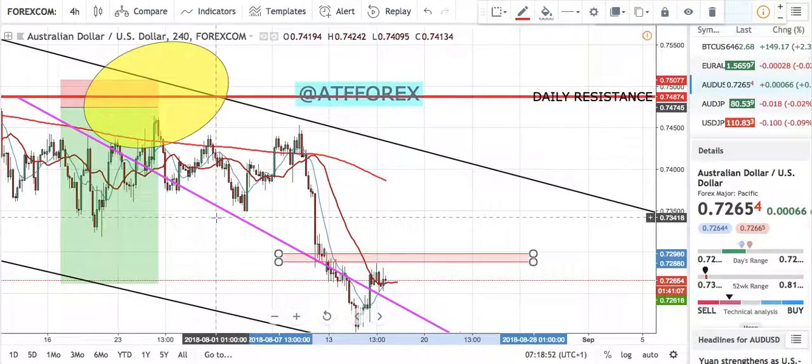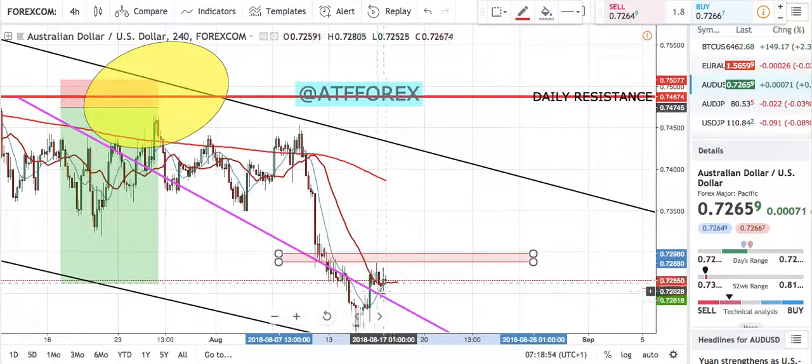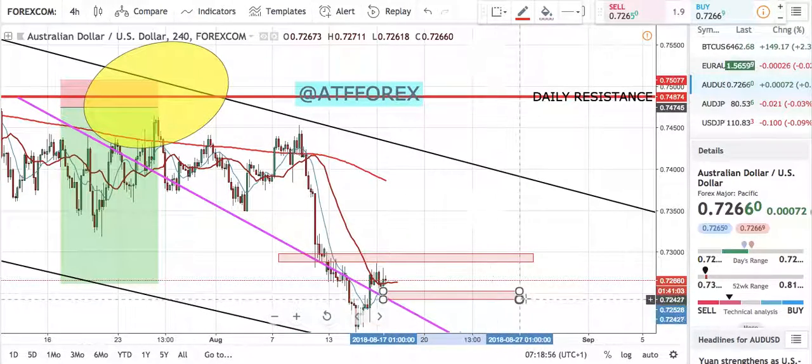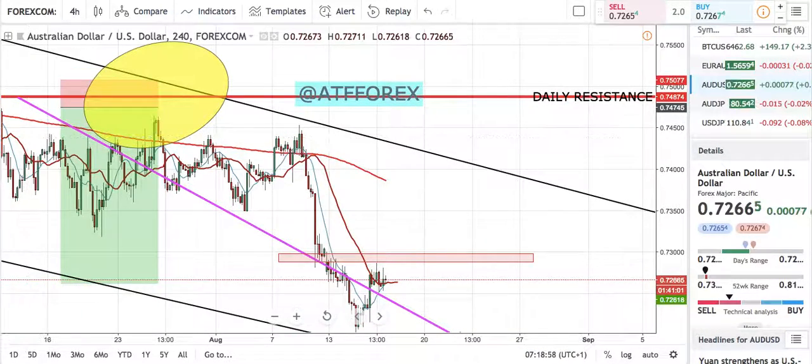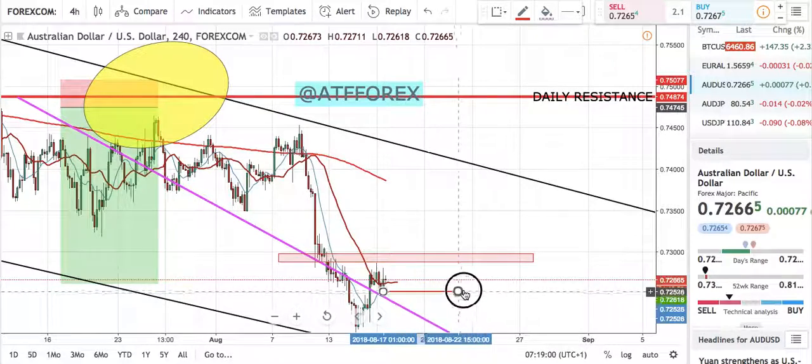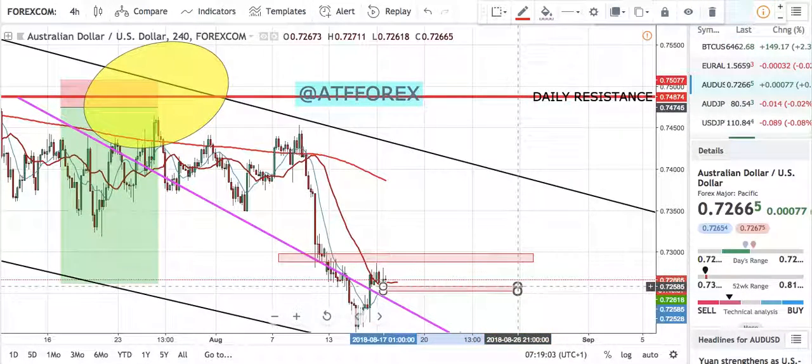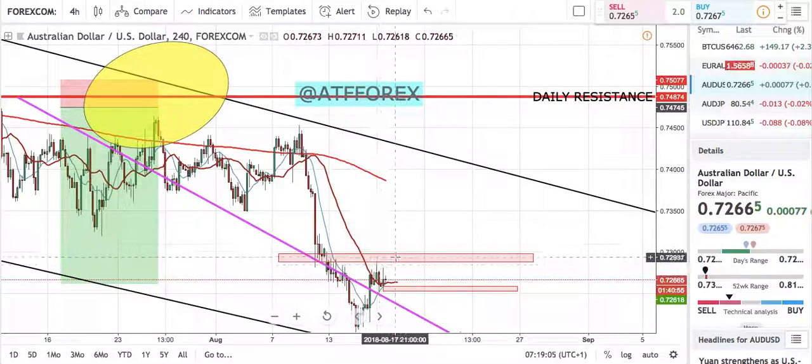So we want to be getting entries anywhere between where we currently are now and that 73 mark if you're on Aussie. Other USD charts will look very similar, so GBPUSD is going to look very, very similar as well.